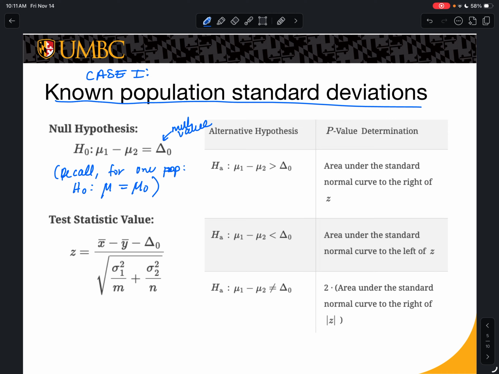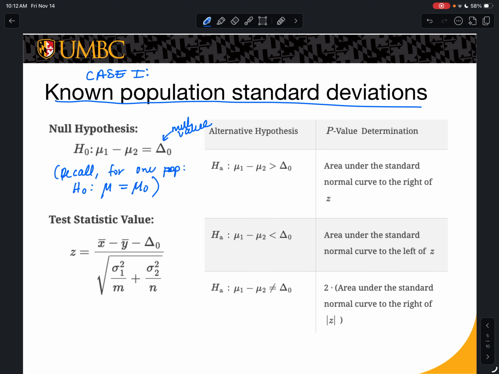So we had that null value that had the 0 in the subscript, and we were saying our parameter of interest was mu, and we were setting mu equal to mu naught, the null value in the null hypothesis. Here we're doing the same thing. We're just calling the null value delta naught, and again, usually for our purposes in this course, we're going to let delta naught just be 0.